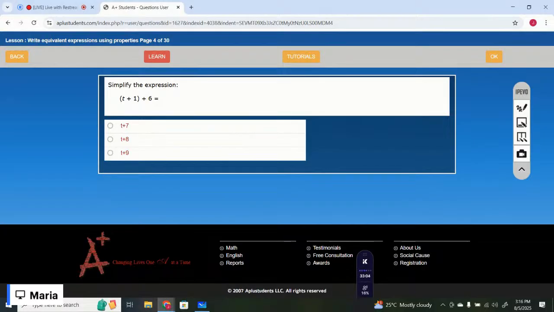Simplify the expression t plus 1 plus 6. That is t plus 7. Option number 1 is the correct option.